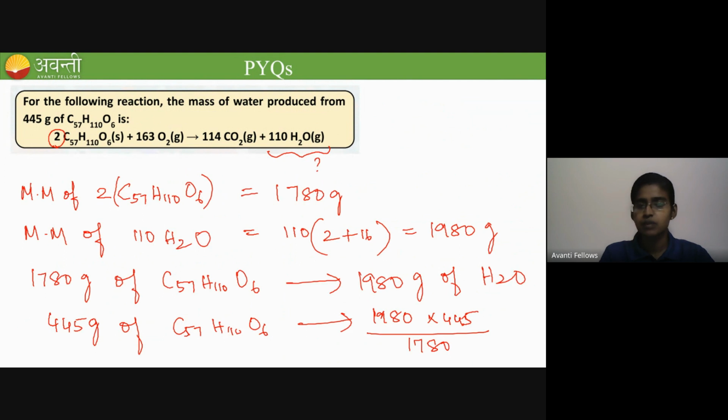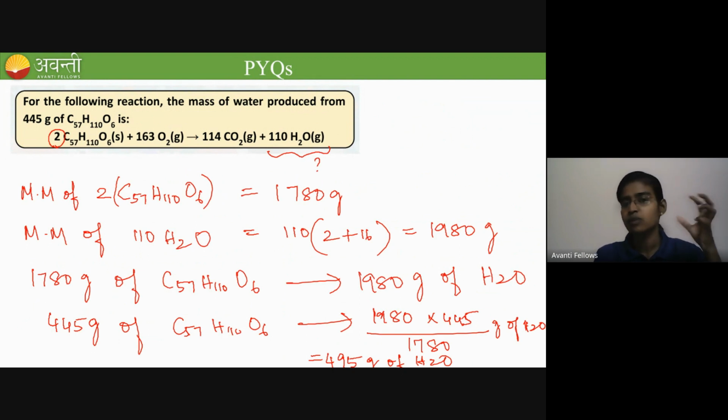Okay, this much gram of water will come out. So it will be equal to 495. So 495 gram of water is produced from the given reaction. Okay, we are finding out the molar mass and then cross multiplying and getting the answer. So this is about this.